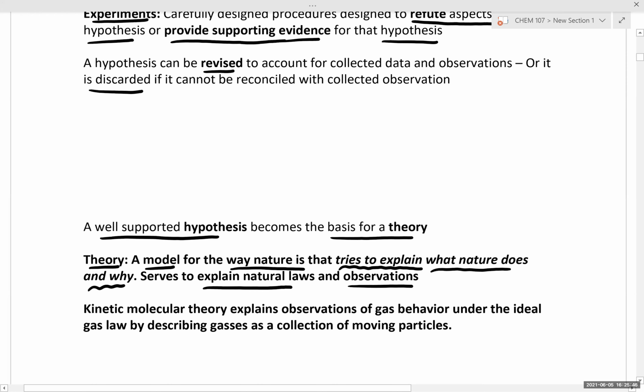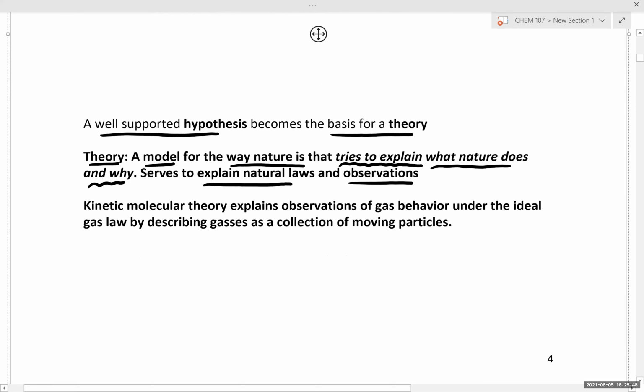So for example, when we've talked about Charles' law, where the volume of a gas, like our balloon, decreases when the temperature decreases, that is a scientific law.